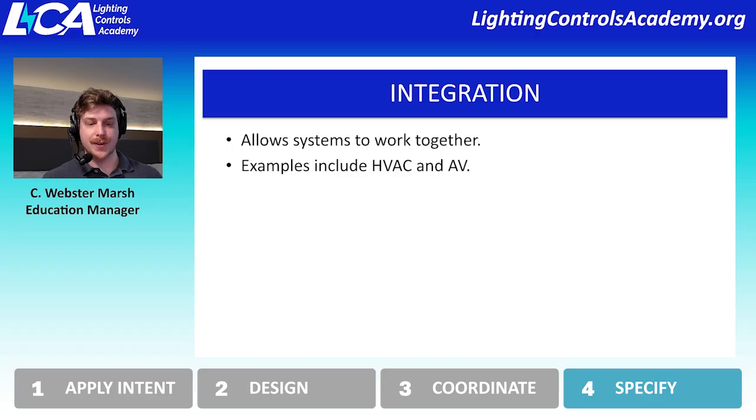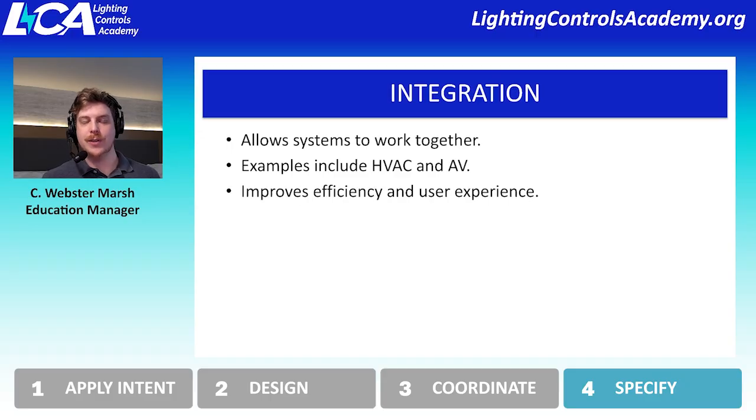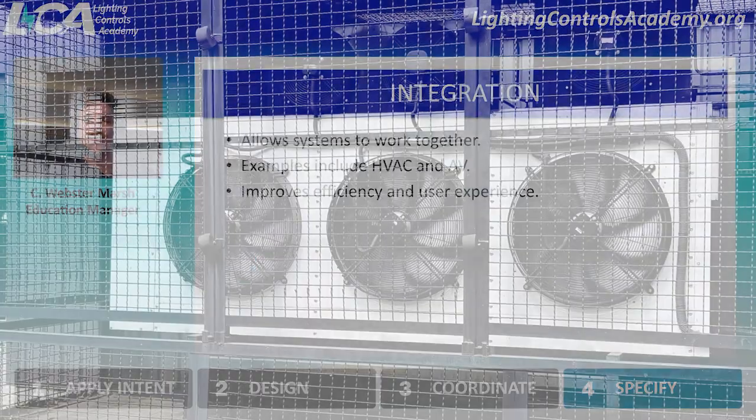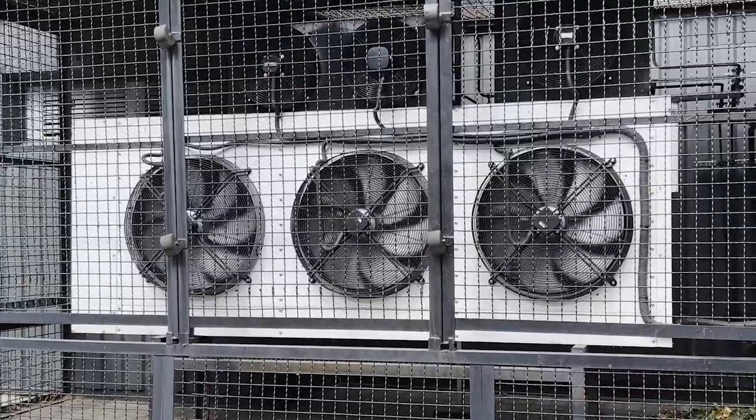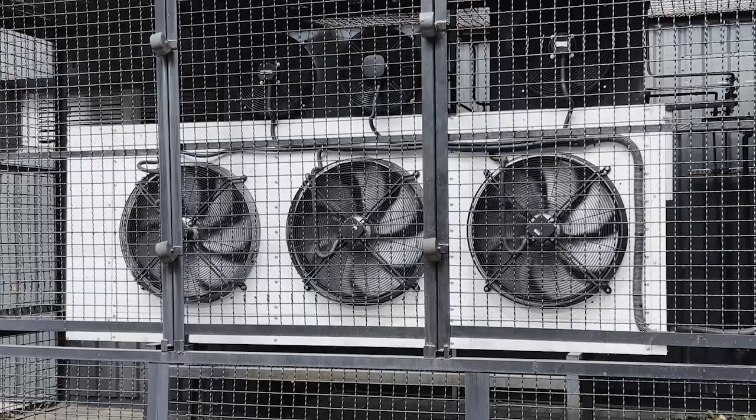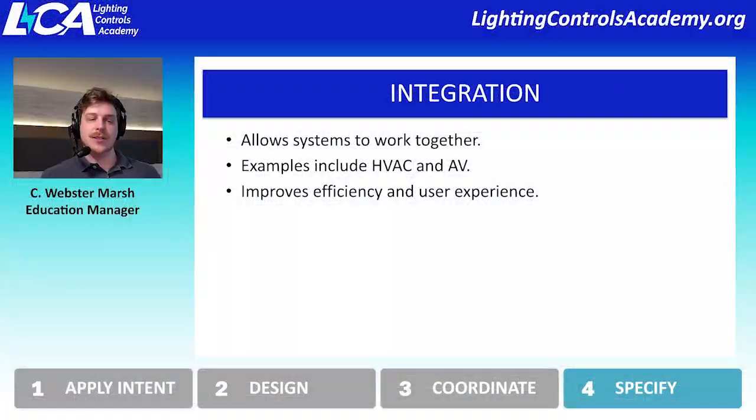What you gain by integrating systems is really an improved efficiency and a more streamlined user experience, because having a reduced number of devices in the project really does make it a much more accessible solution. And so you don't have to track down all of the different devices.